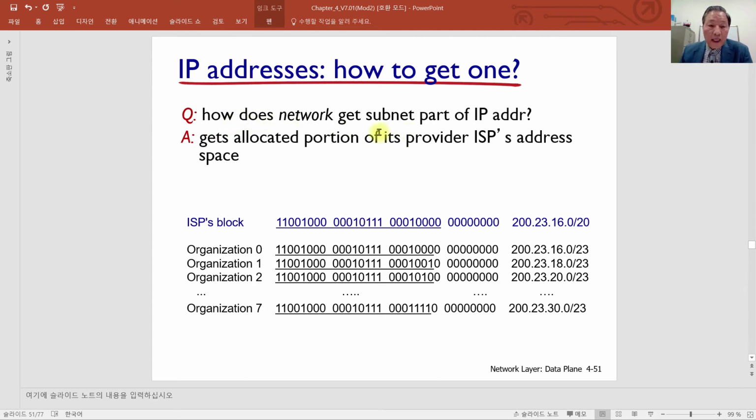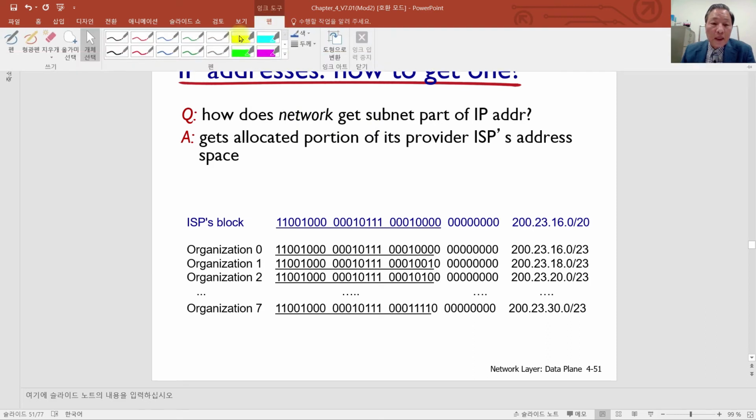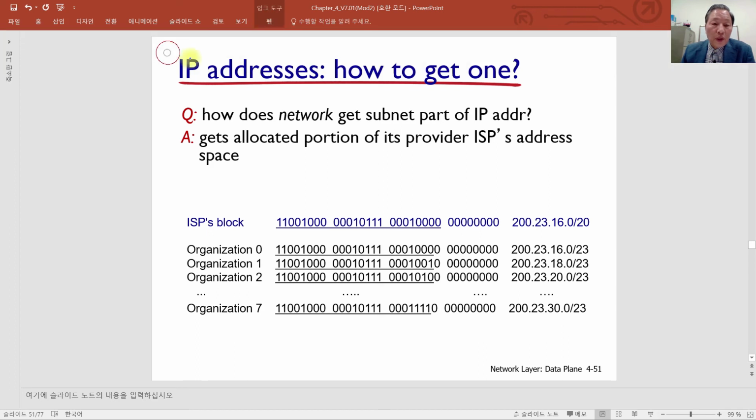Then this explains IP address assignment, how to get an IP address in the world. How does a network get the subnet part of an IP address? The answer is to allocate a portion of its provider's ISP address space.